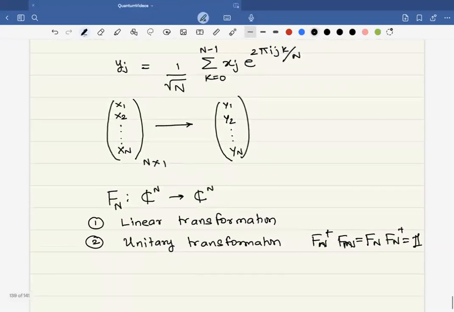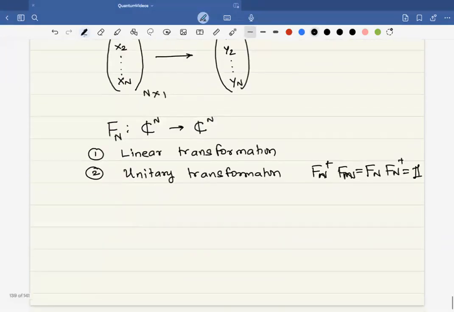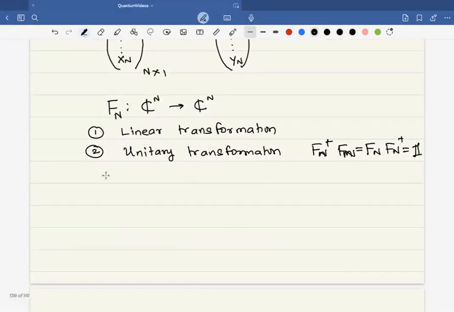Right? And if I look at this equation, then I can write down the matrix representation of the linear transformation Fn. I'll just write it down. So let omega be our complex root of unity. So I can label this omega n is equal to e to the 2 pi I over n. This is the nth root of unity.